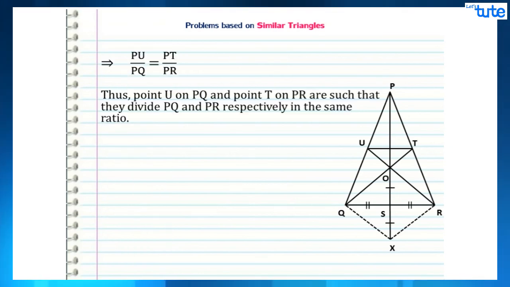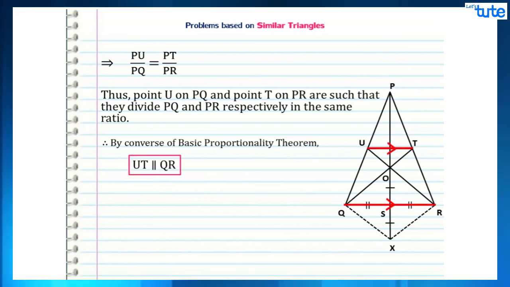Thus, we can say that point U on PQ and point T on PR are such that they divide PQ and PR respectively in the same ratio. Therefore, by applying converse of basic proportionality theorem, we can say that UT is parallel to QR.